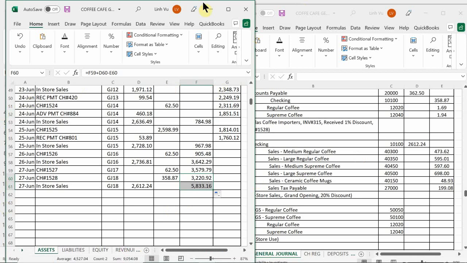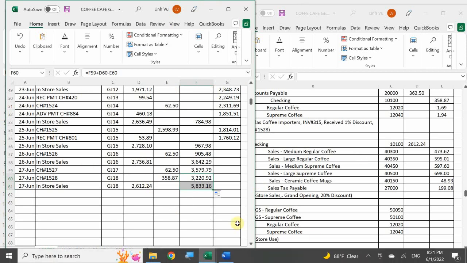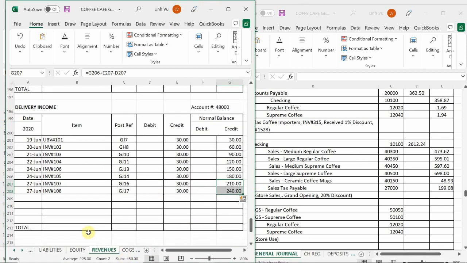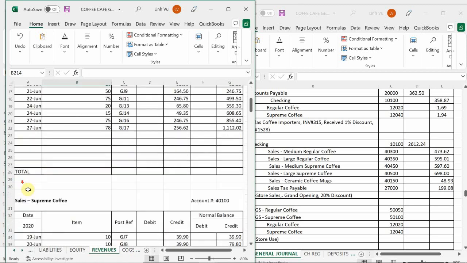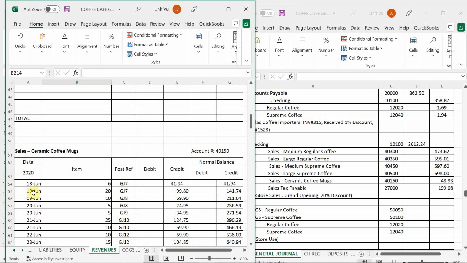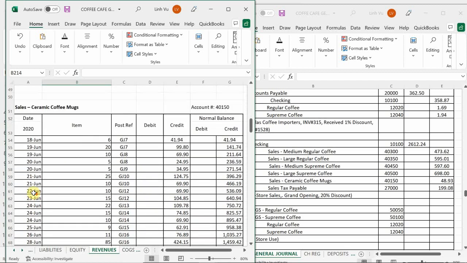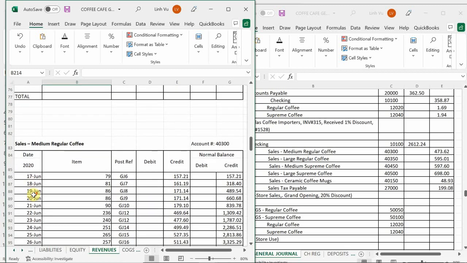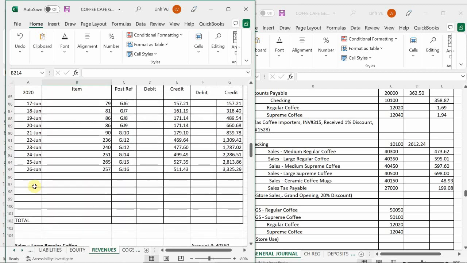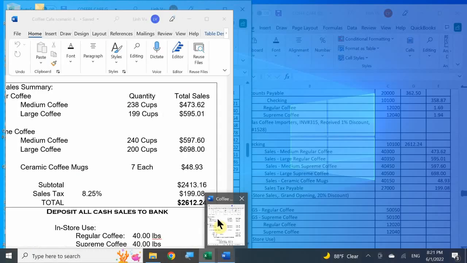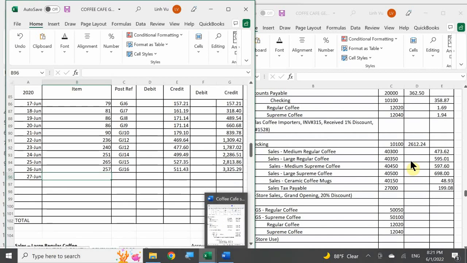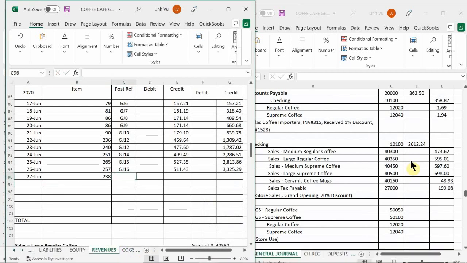Okay, I need to go ahead and update my sales now, because I end up selling my medium regular cups. I end up selling 238 cups.